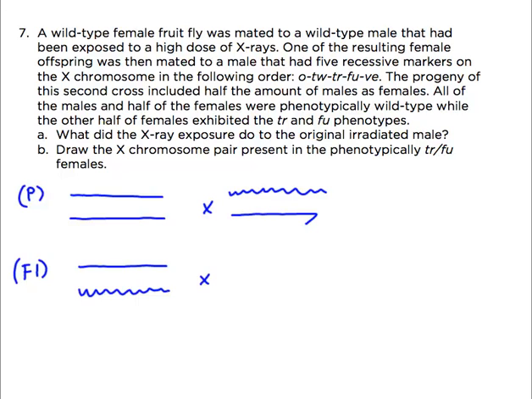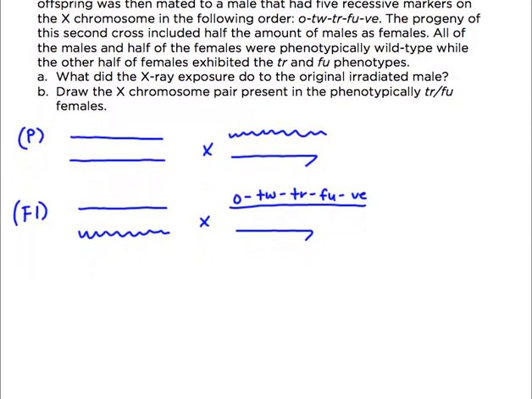Now we're crossing that with a fruit fly male, so it has a Y chromosome, and it has 5 recessive markers on the X chromosome in this order: O, TW, TR, FU, VE. Now it says the progeny of this second cross included half the amount of males as females. So the F2 generation had twice the number of females than males.